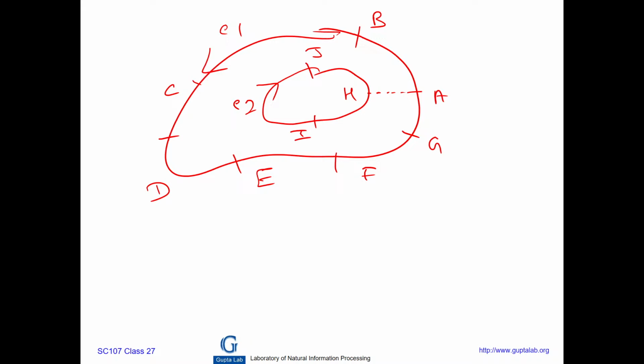So you can traverse the path by decomposing, by making this cross cut actually. So you can do it for a multiply connected region also.